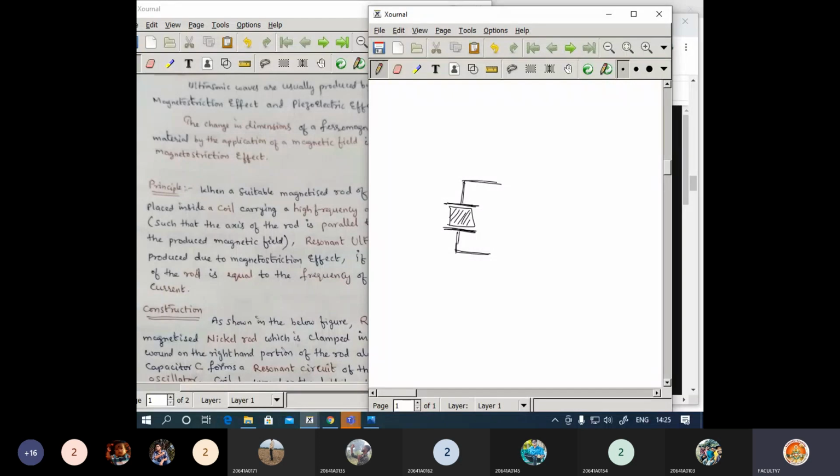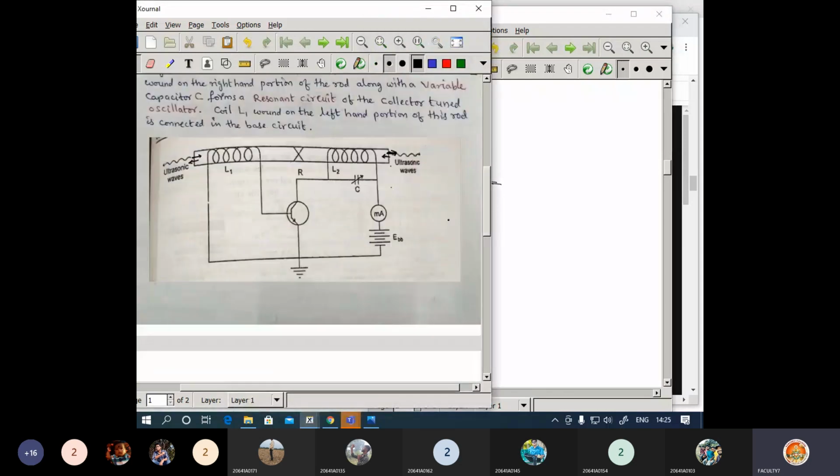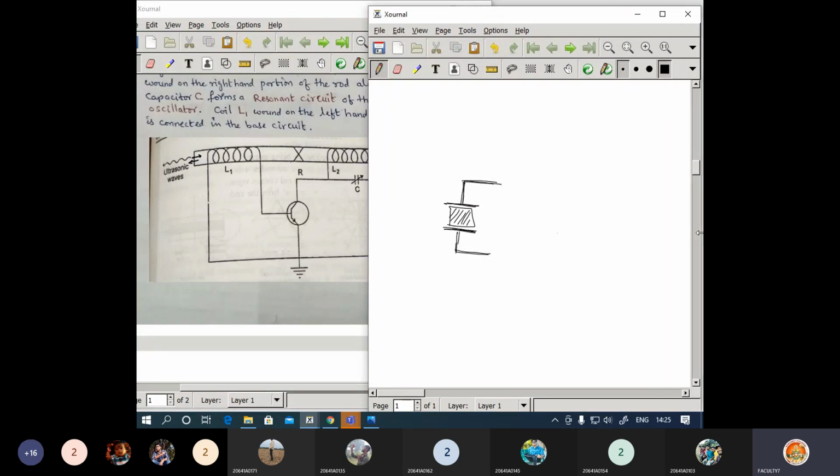Between these two plates we place the crystal, and the plates are connected to a varying electric field. In the first method we created variable currents by means of an oscillator. Similarly, here we get the variable electric fields by means of an oscillator.